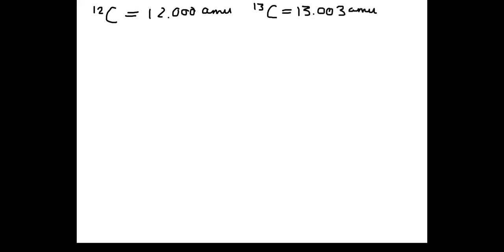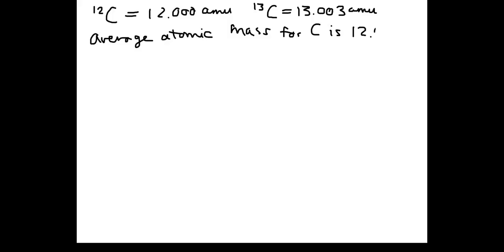So I could say that the mass for carbon 12 is 12.000 AMU, and the mass for carbon 13 is 13.003 AMU. And the average atomic mass for carbon is 12.011 AMU.